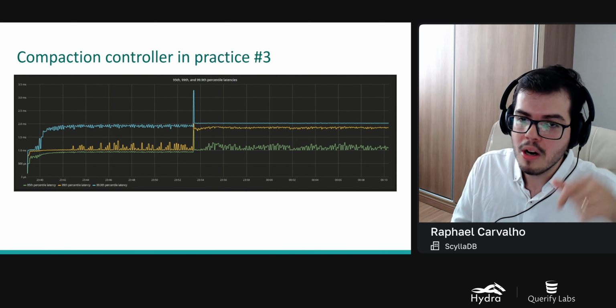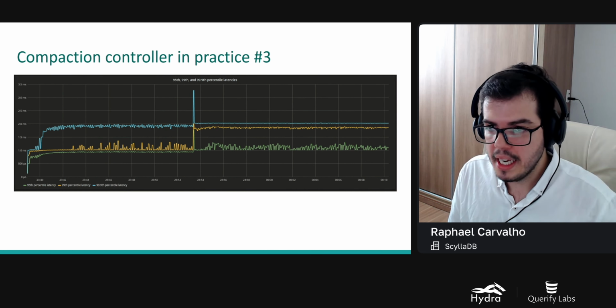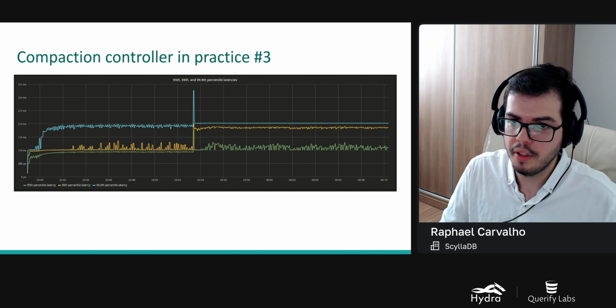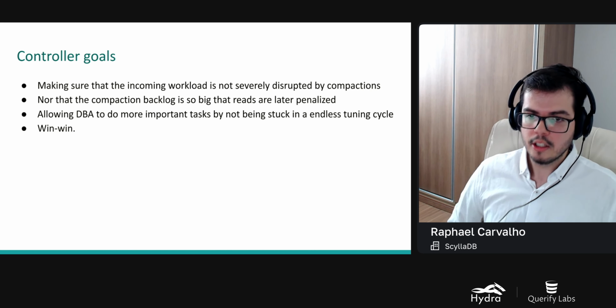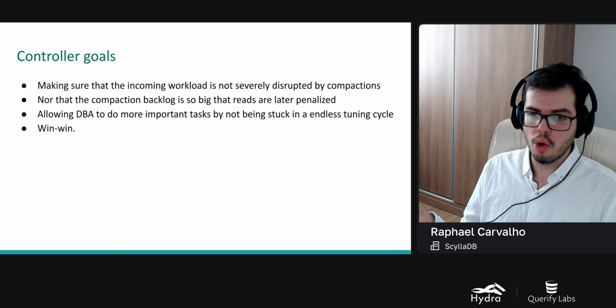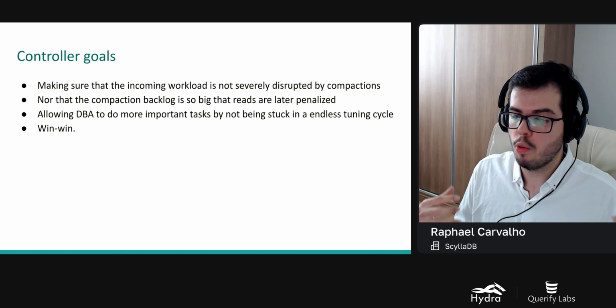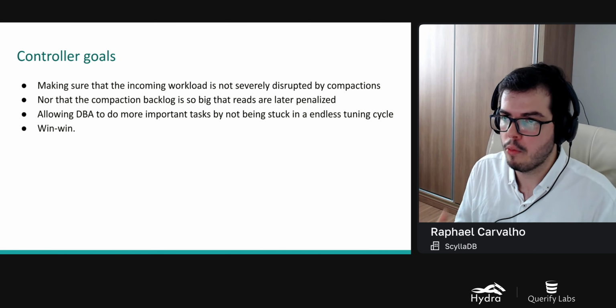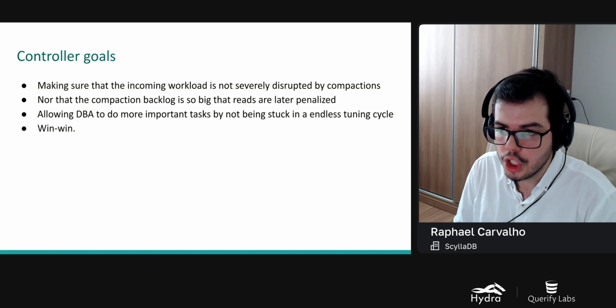And this shows how we keep the P99 latency bounded, because we are able to not steal resources from the foreground requests. The controller's goal is to make sure that we don't disrupt the workload with compaction, and that compaction will only proceed as fast as it should.